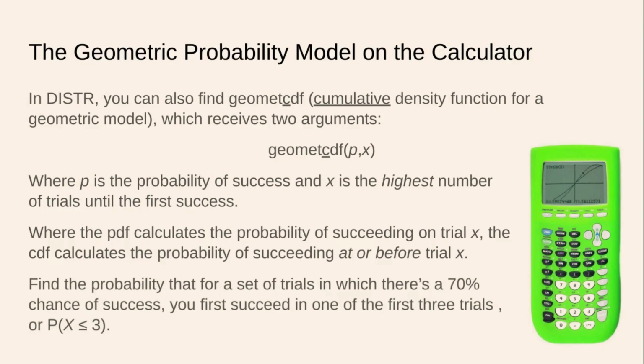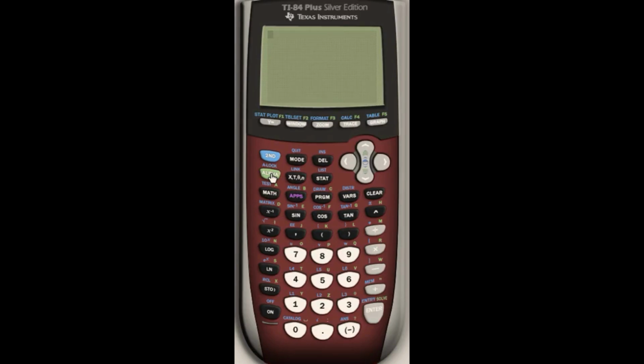So we're going to find the probability that for a set of trials in which there's a 70% chance of success, we first succeed on one of the first 3 trials. Rather, P of x being less than or equal to 3. So now we're going to go to second distribution, all the way to the bottom, Geometcdf.